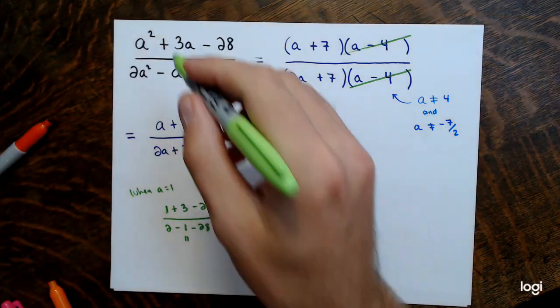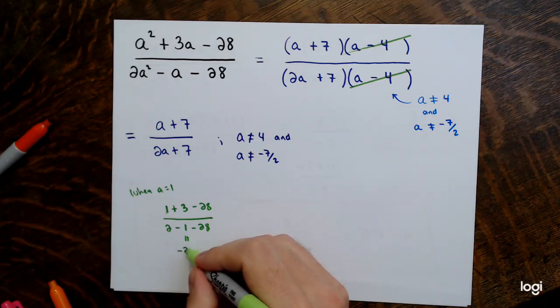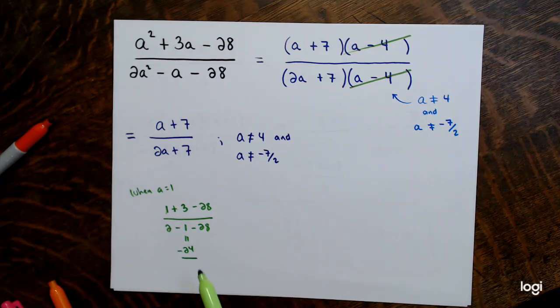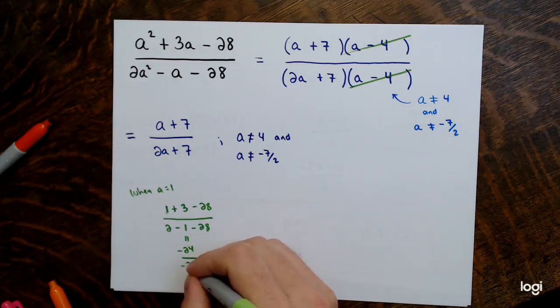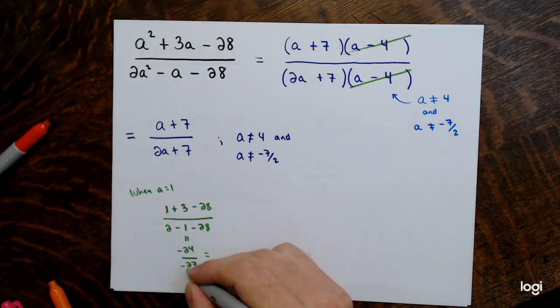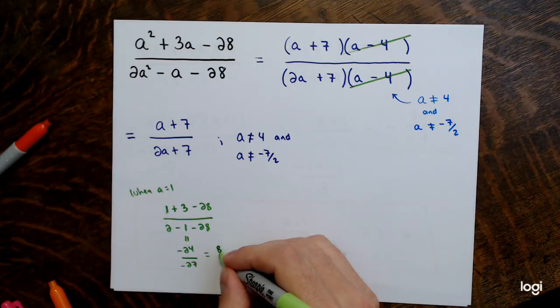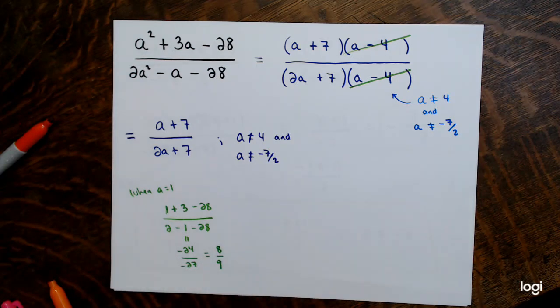So on the left side, you'd have 4 minus 28, negative 24 in the numerator, and then 2 minus 29, negative 27 in the denominator. And this would be a positive number, negative divided by negative. If you want to simplify it further, 24 is 3 times 8, and 27 is 3 times 9. So this is 8/9. That's the left.